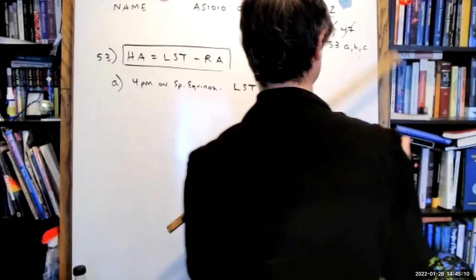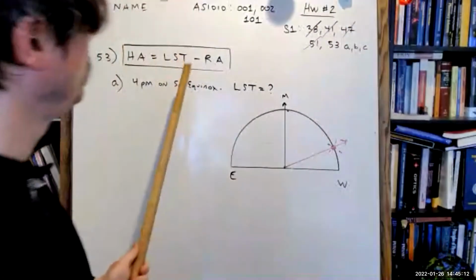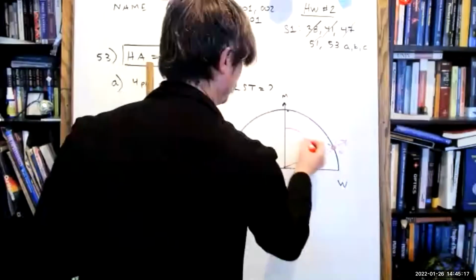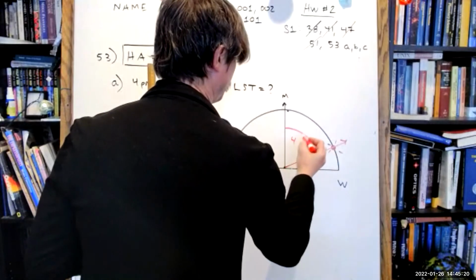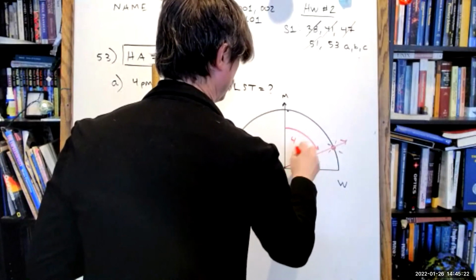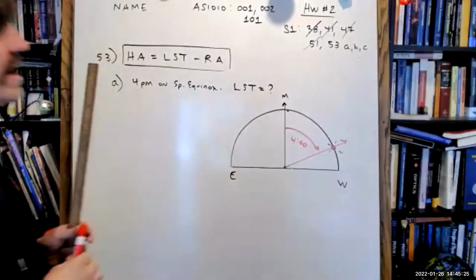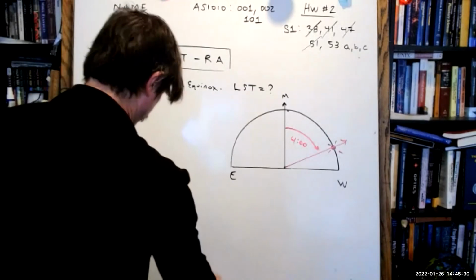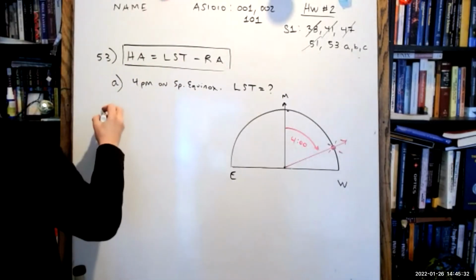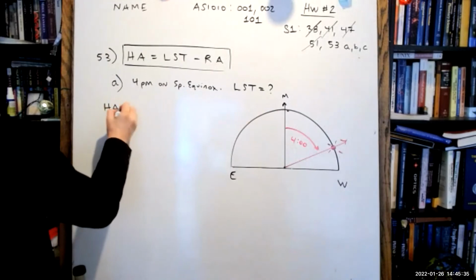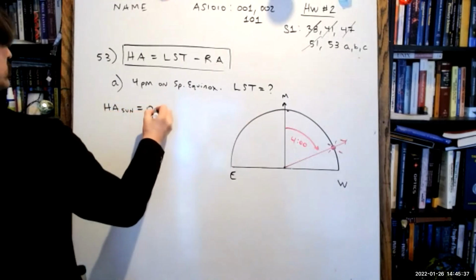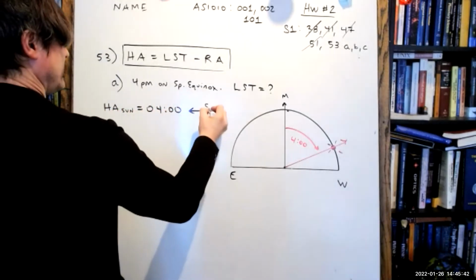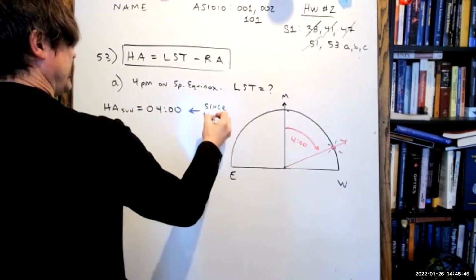In other words, if it's post meridian, PM tells you the hour angle of the sun, right? AM is ante meridian, right? 4 hours is the hour angle of the sun, because it's 4 hours since the meridian.